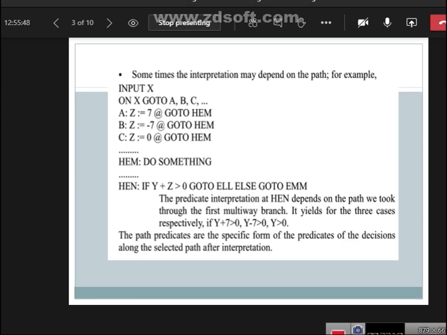In statement HEM, we have to do something; it will print do something. After performing this operation, it comes to this statement HEN. Here we have some condition: if y plus z means y.